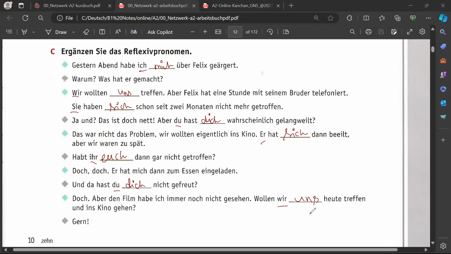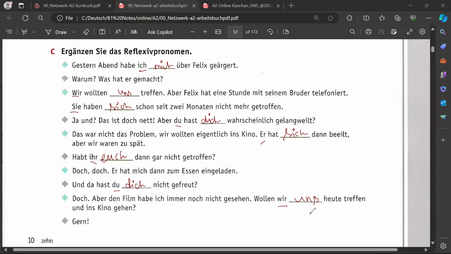Wir wollten uns treffen, aber Felix hat eine Stunde mit seinem Bruder telefoniert. We wanted to meet, but Felix spent an hour on the phone with his brother.